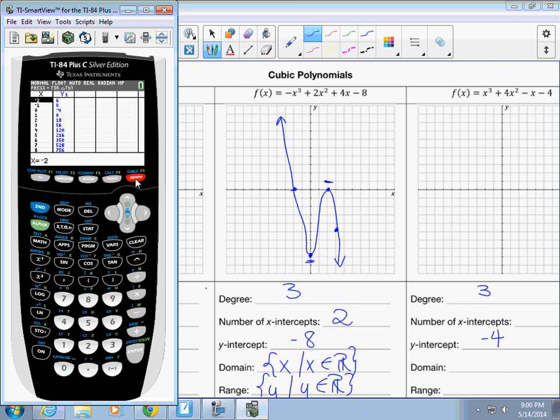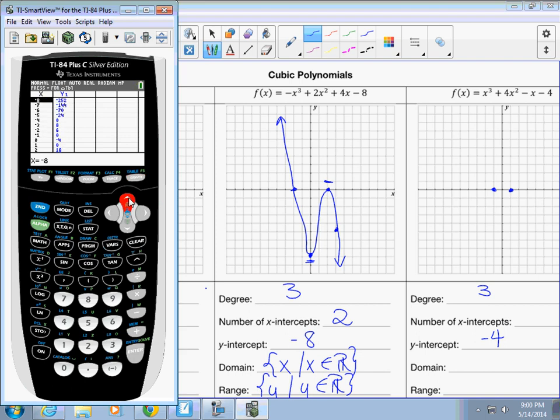So x-intercepts, we're at -1, 0. And then there was one at 1, 0. And then I have to move up this way.